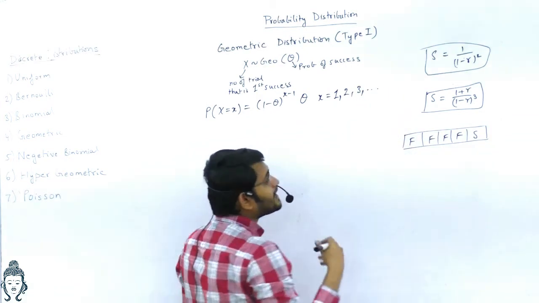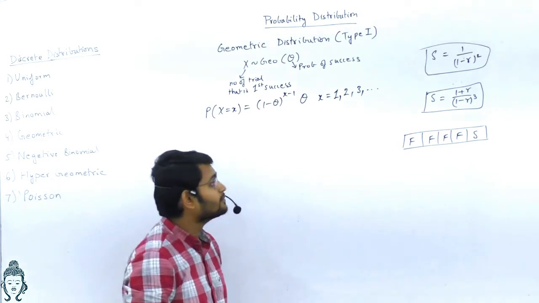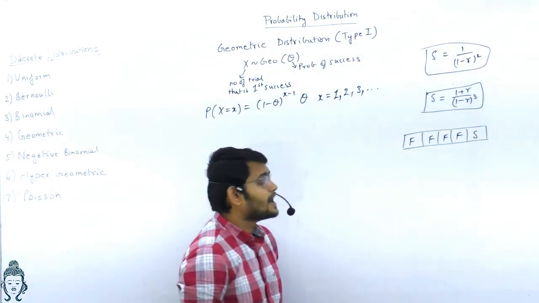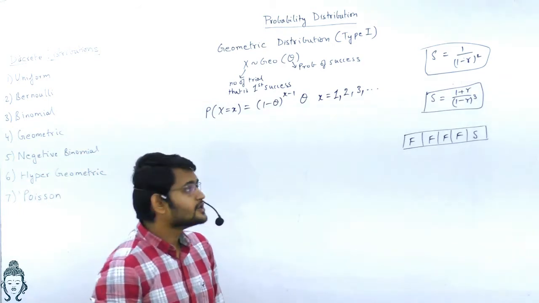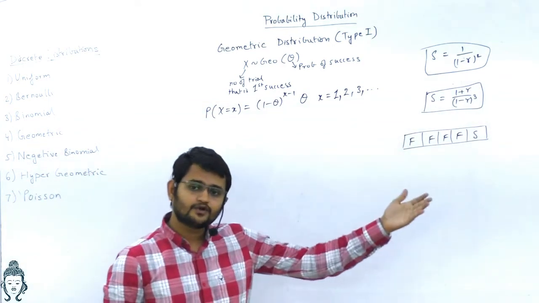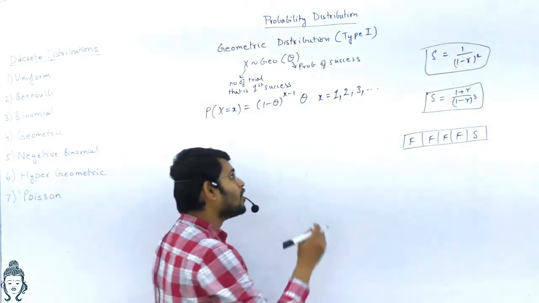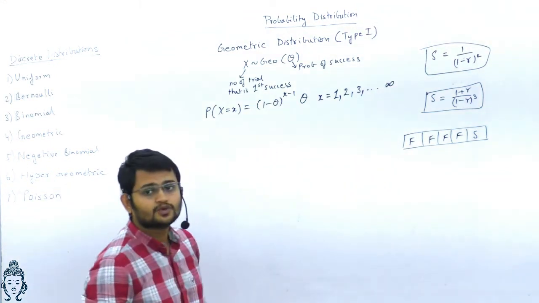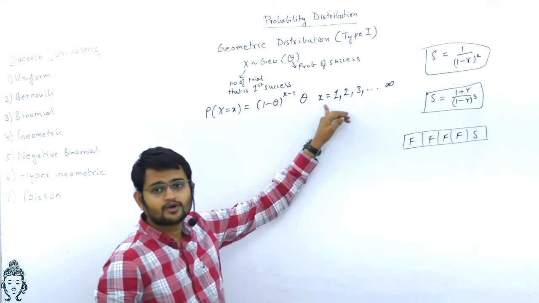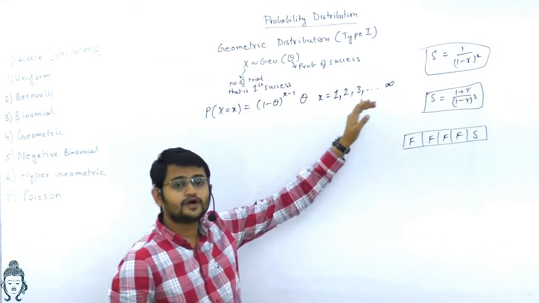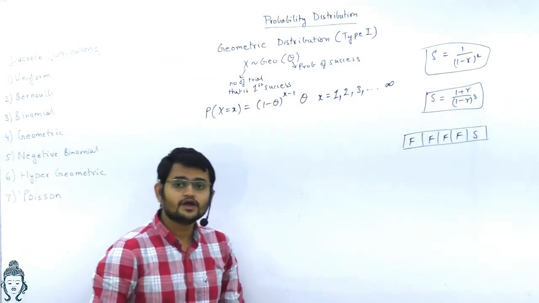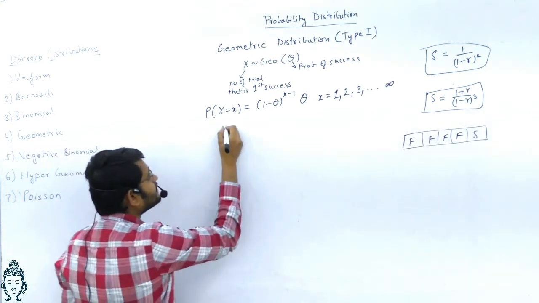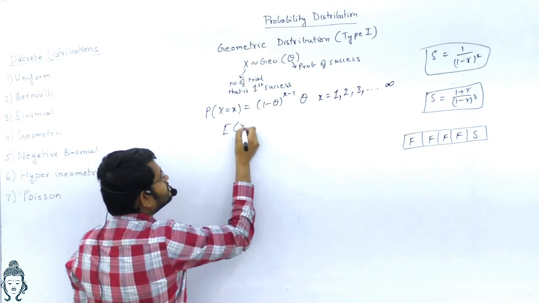And what are the maximum possible values for a trial to get our first success? It can take an infinite number of trials to get our first success, all of them being failures. So the possible values of x, or number of trials here, can be 1 to infinity to get our first success.